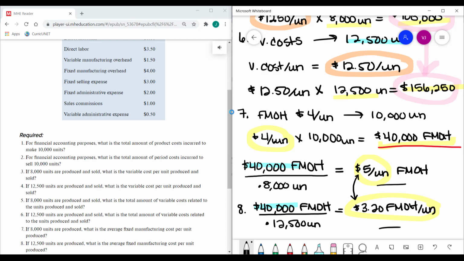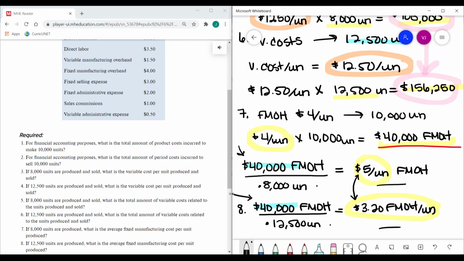Okay, so now this is illustrating that fixed costs in total stay the same, right? 40 and 40 each period, but per unit, fixed costs vary inversely as activity changes. Up here, we go from 8,000 to 12,500 units, activity's going up.